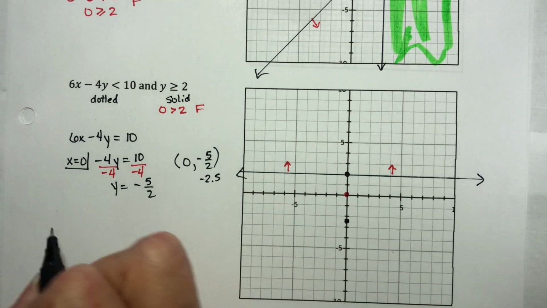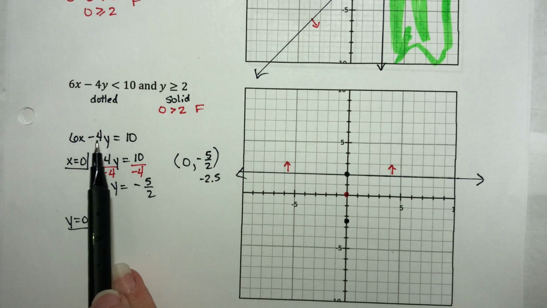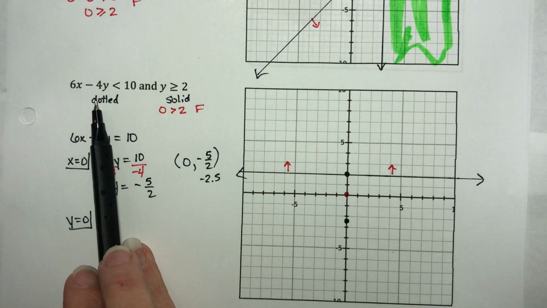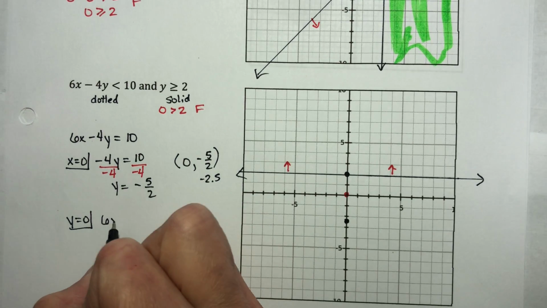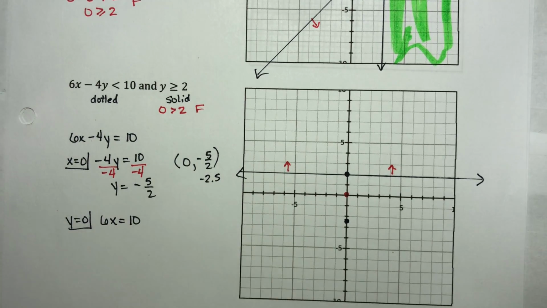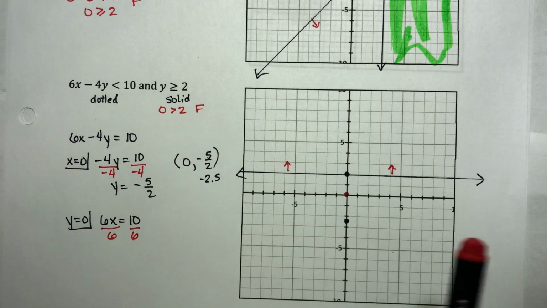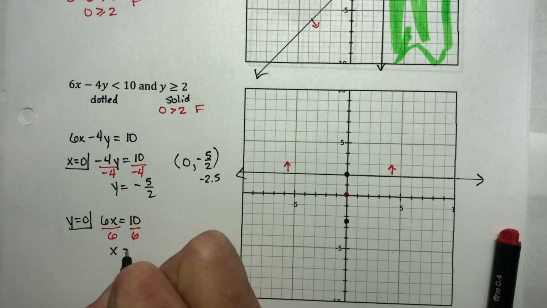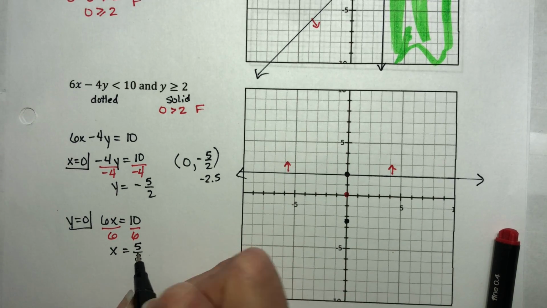Now let's find the other one. If y equals 0, that's 4 times 0, so that's gone. So I have 6x equal to 10. Divide both sides by 6, and you'd get that x is equal to 5/3.